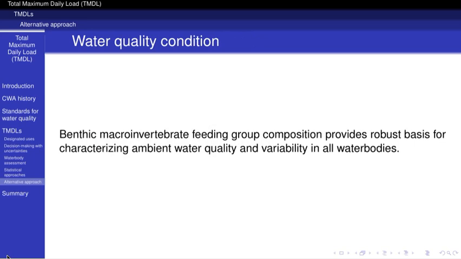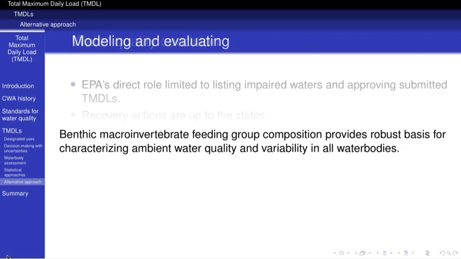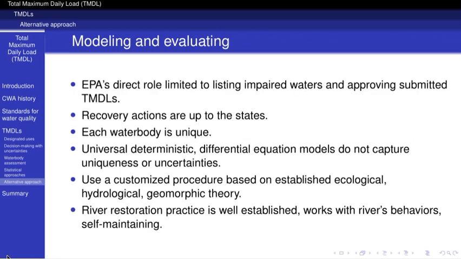I've explained how benthic macroinvertebrate feeding group composition provides a robust basis for characterizing ambient water quality and variability in all water bodies. According to one of their websites, the EPA's direct role is limited to listing impaired waters and planning their recovery. The implementation of recovery actions, measurement of their efficacy, and declaration of recovery are primarily up to the states.